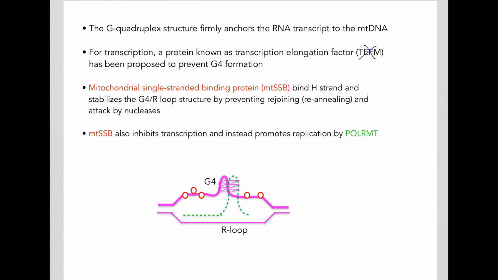So in the next step, mitochondrial single-stranded binding proteins, MTSSB, will bind the single-stranded H strand, and this will help stabilize the G4 R loop by preventing the re-annealing or rejoining, as well as by preventing attack of the single strands by nucleases. There is also evidence that this MTSSB actually inhibits transcription and instead promotes replication by POLRMT.